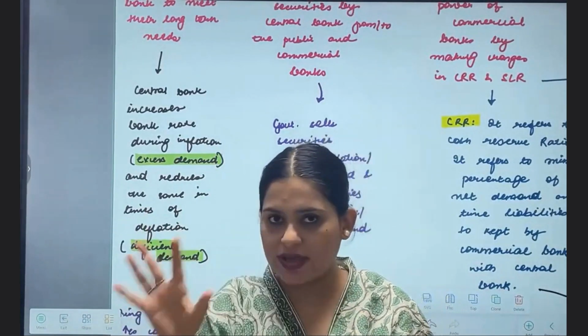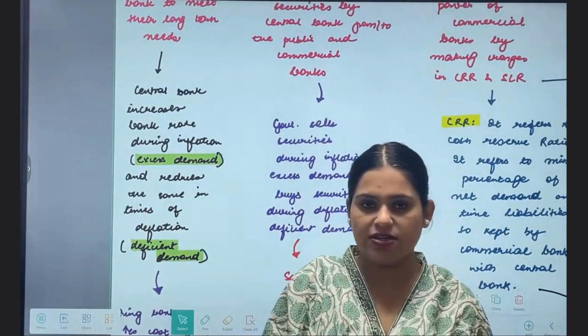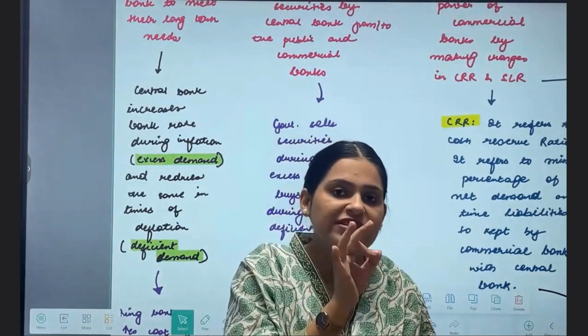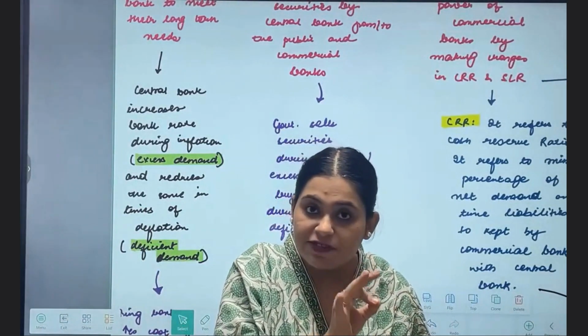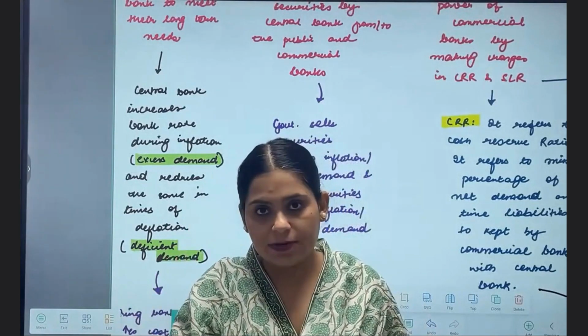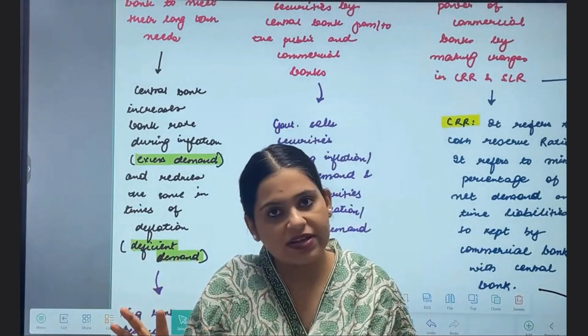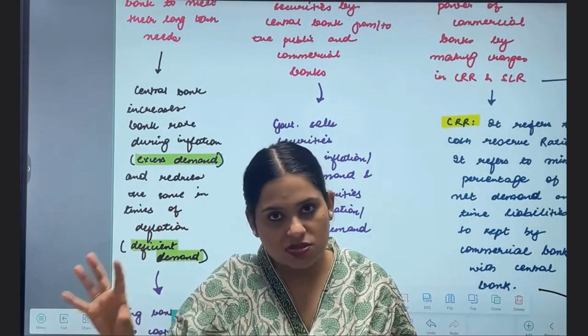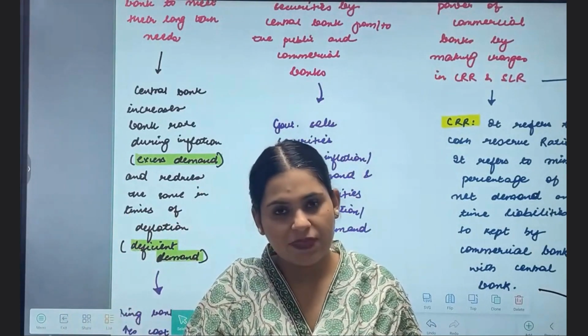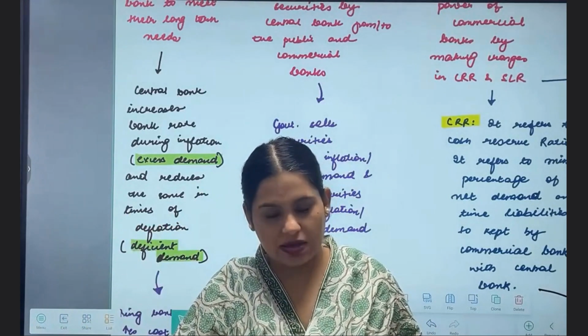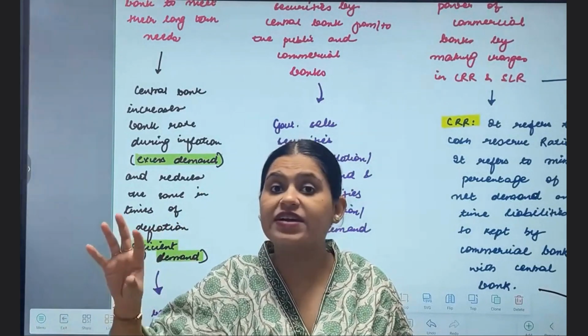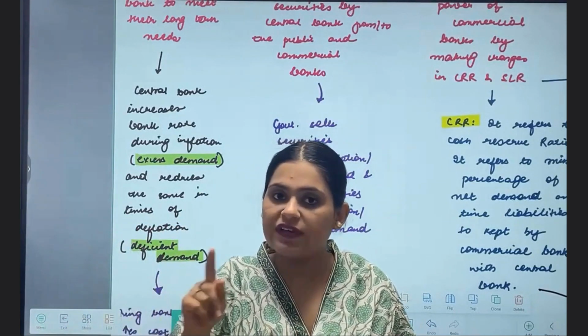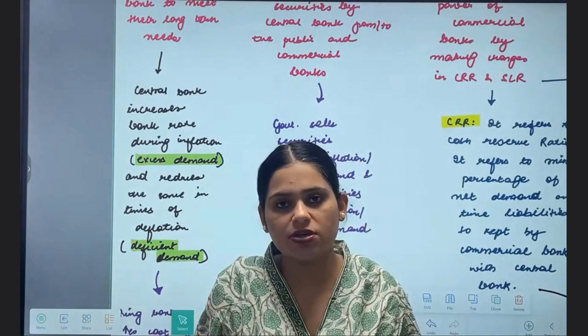ध्यान से समझते हैं एक बार इस पूरे प्रोसेस को. Let's try to understand this. See, when central bank will increase the bank rate, commercial bank will get these loans at a higher interest. If commercial bank will get loan at a higher interest rate, they will give you loan at a higher interest rate.